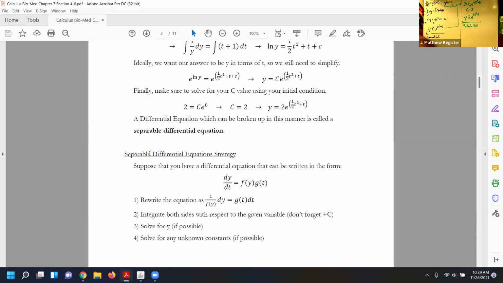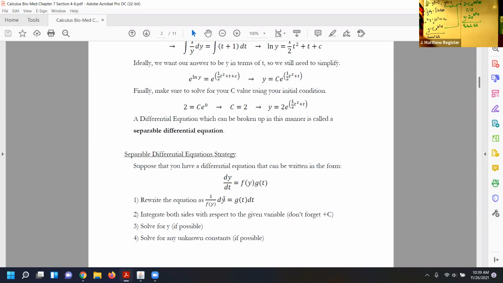But this separable differential equation strategy is outlined here. If you're given dy/dt equal to a function of y times a function of t, and really it has to be a product, or it could be a quotient, we have to have the terms multiplied by one another. If they are added to one another, we probably are not going to be able to use the separable approach.